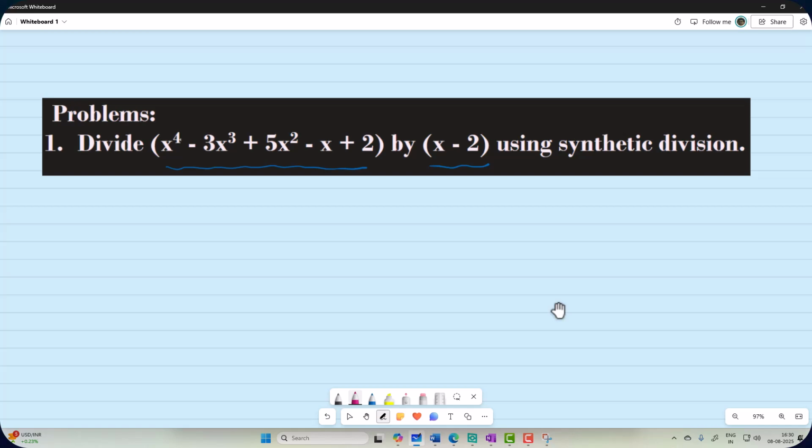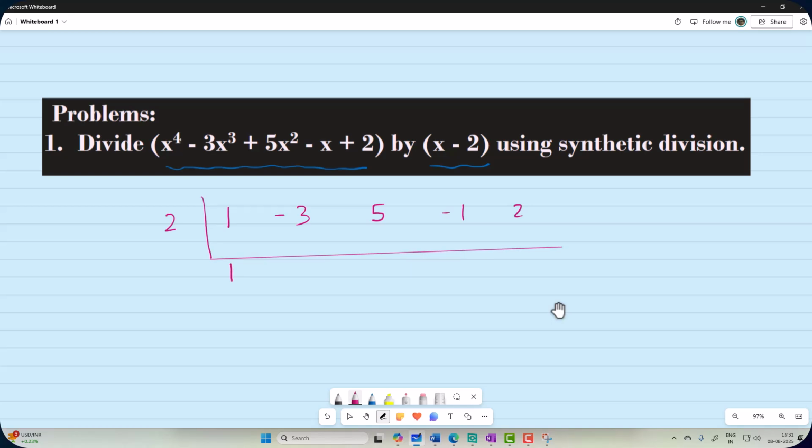So what will be the first step? You write all the coefficients: 1, minus 3, 5, minus 1, 2. Then 2 you write here. The leading coefficient automatically will come here.